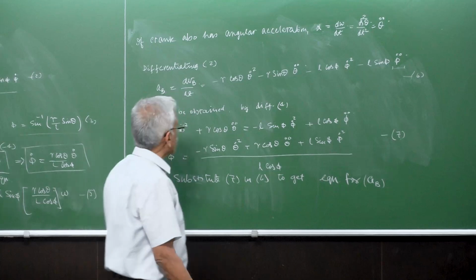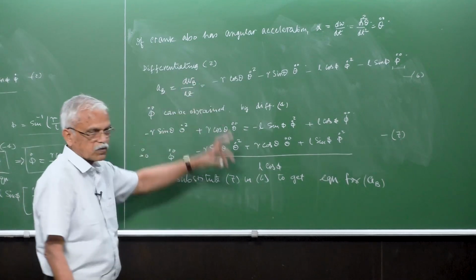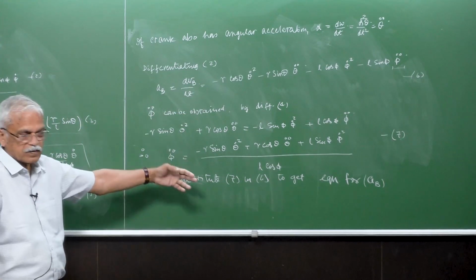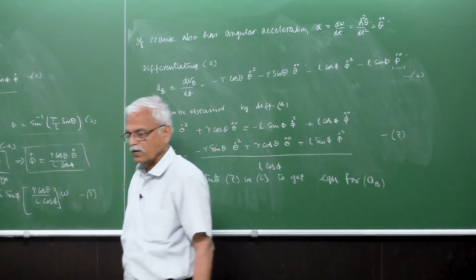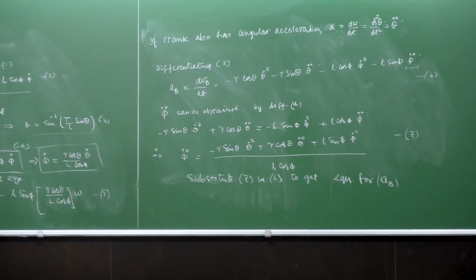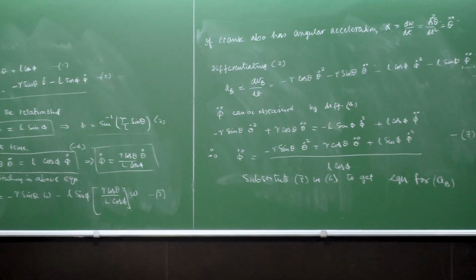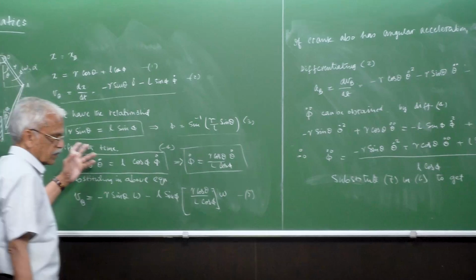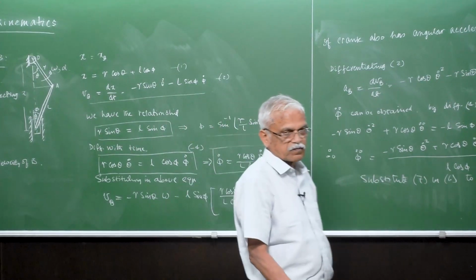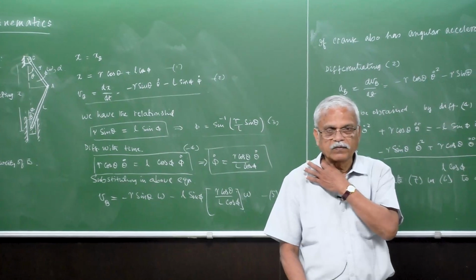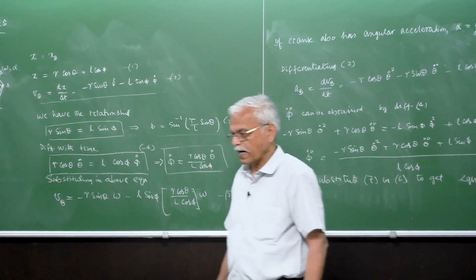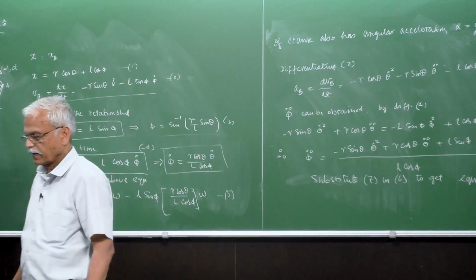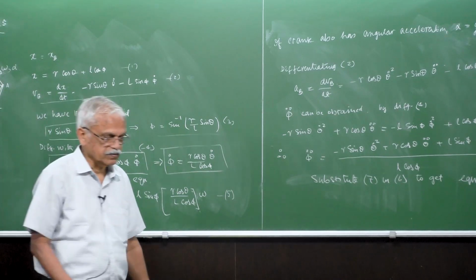So you substitute all these things, and the more you do the differentiation, the longer the expressions become. So that way you can see that some of these cases turn out to be simple, and then we will do this one. This example we will also take up by some other method, by the relative velocities method.